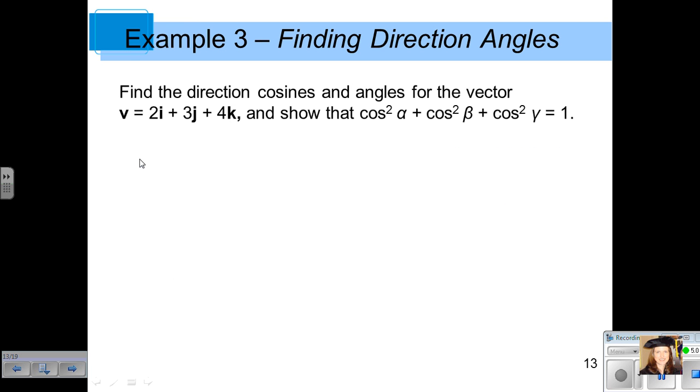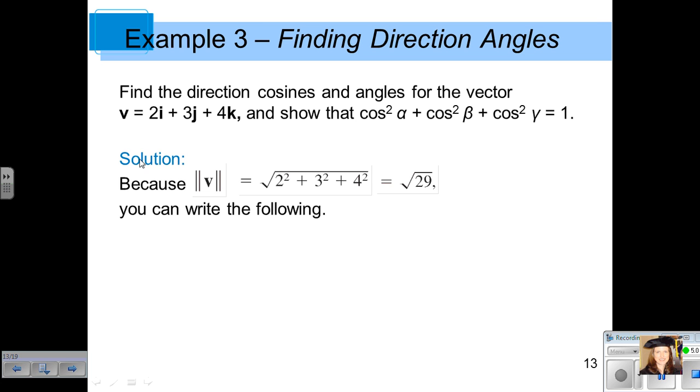Here we have an example where we want to find the direction cosines and angles for the vector v. It has components 2, 3, and 4, and show that cosine squared alpha plus cosine squared beta plus cosine squared gamma equals 1. By using those formulas, we do want to find the magnitude of the vector v, and we find that it's the square root of 29.